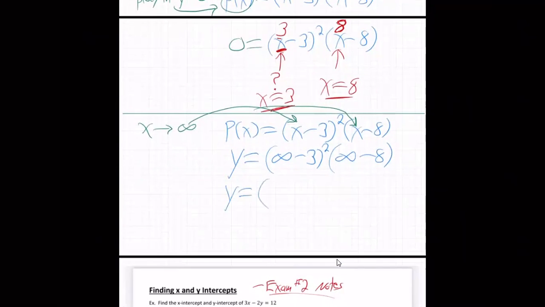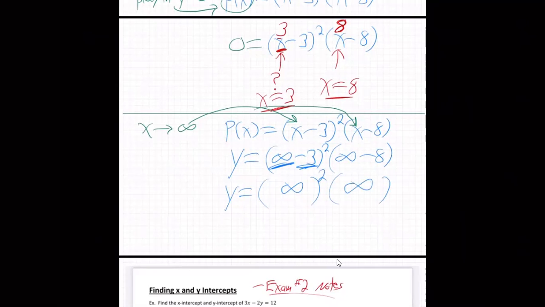Let's see. So what do you think? What is infinity minus 3? Just infinity, right? You guys tracking with me? If you have an infinite amount of something, take away 3, it's still infinite. Squared, and this is infinity minus 8, it's also infinity.